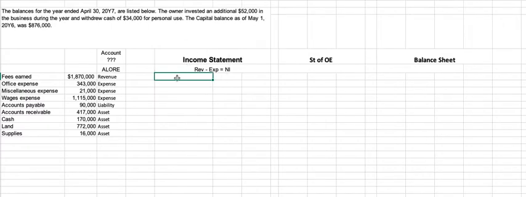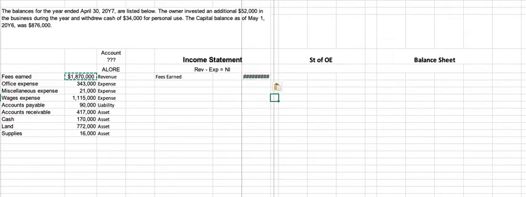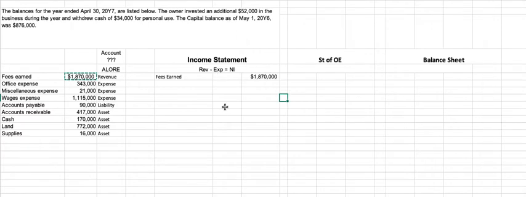And so our revenue account is fees earned. The balance in the fees earned account is $1,870,000. In Excel, those number signs mean there's not enough room for all those zeros.